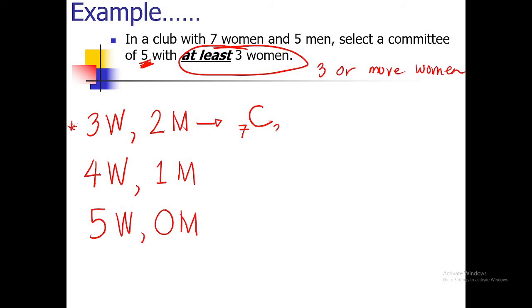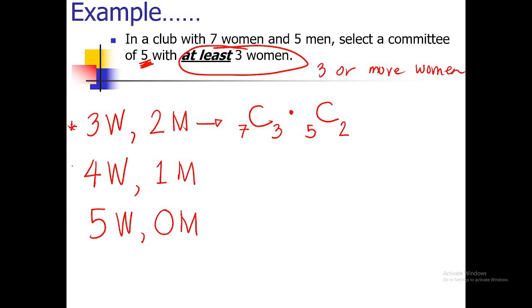So I'm gonna be writing 3 here. Multiply this to, let's go to the men. How many men are there in the club? 5, sir. And how many men will be taken from the first scenario? 2, sir.